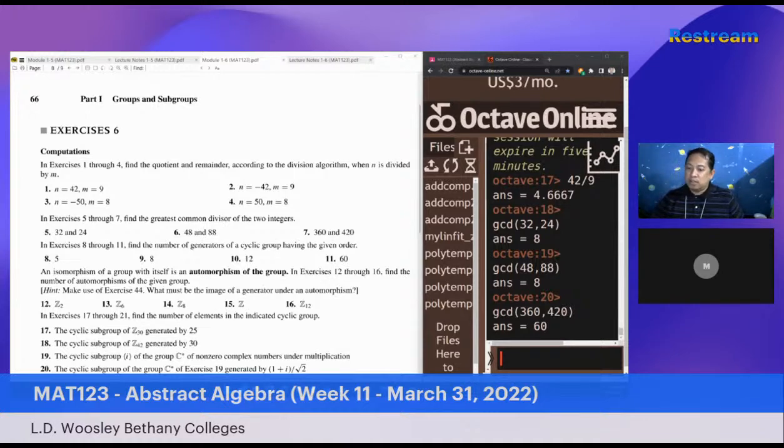Okay, it's also 1, 5, 7, 11 are all relatively prime to 12. So correct. How about the last item there? List all of those who are relatively prime to 60.